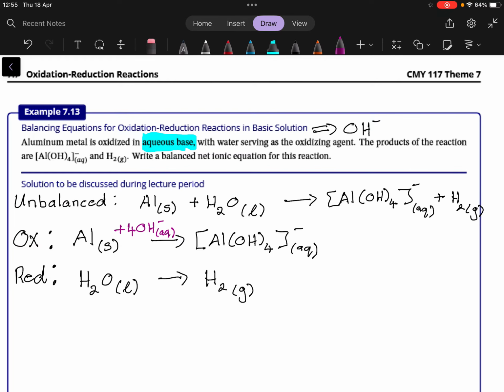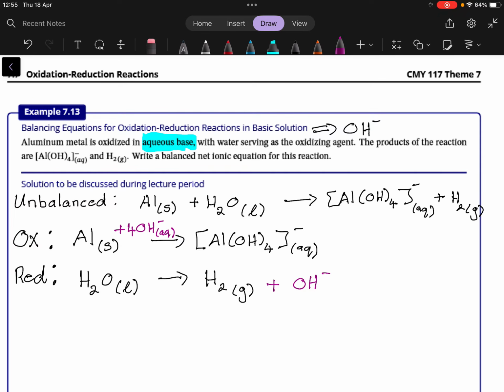What do we do with water? Now, water on the left-hand side and hydrogen on the right-hand side. So the only thing that we can introduce where oxygen is present is OH groups. So OH minus. And then how many hydrogens do we have? Well, we have 3 now and 2 on the left. We have 1 oxygen, but we need to balance the hydrogens.